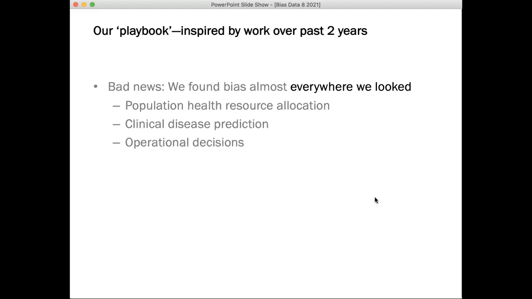And the bad news is that we found a lot of bias in almost every algorithm that we looked at, whether that was being used for these kinds of population health decisions, whether it was being used to predict whether someone is going to develop diabetes, whether that was used to optimize the primary care clinic schedule by rebooking appointments for patients who were unlikely to show up.